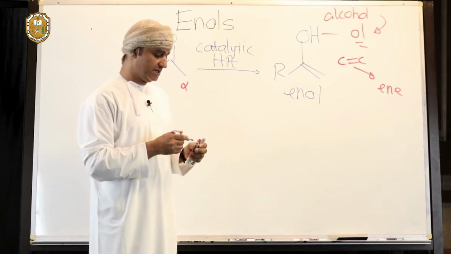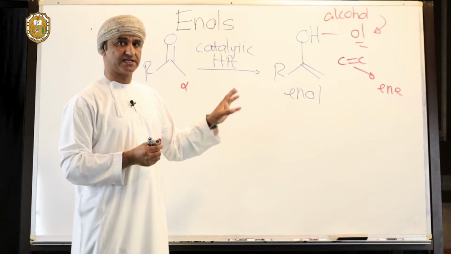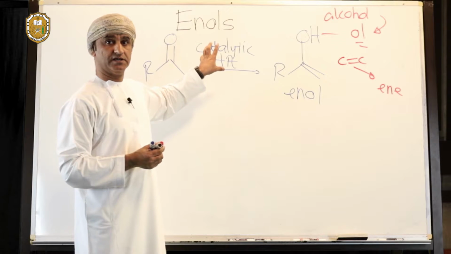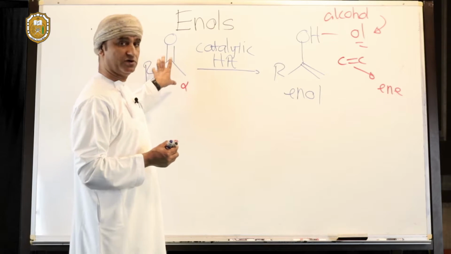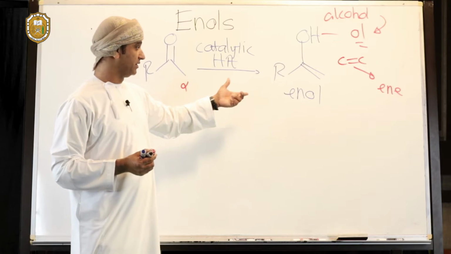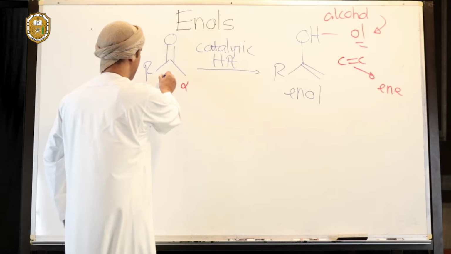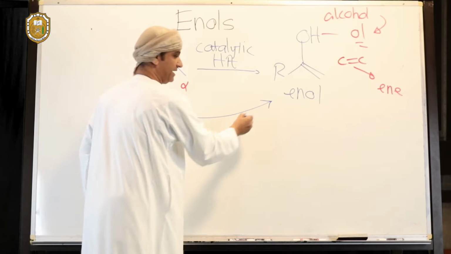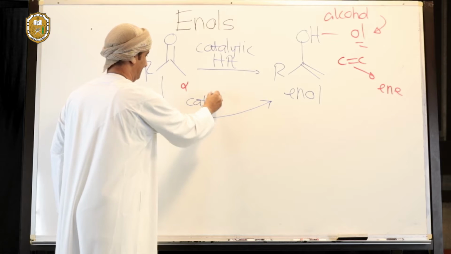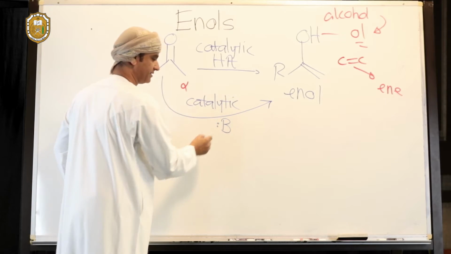Now, enols are very interesting because they are reactive intermediates. We will see their reactivity shortly. That's one method for the transformation of a carbonyl compound with an alpha hydrogen into the corresponding enol: an acid catalyst. Or we can react the carbonyl compound with an alpha hydrogen with a catalytic base of this general structure.